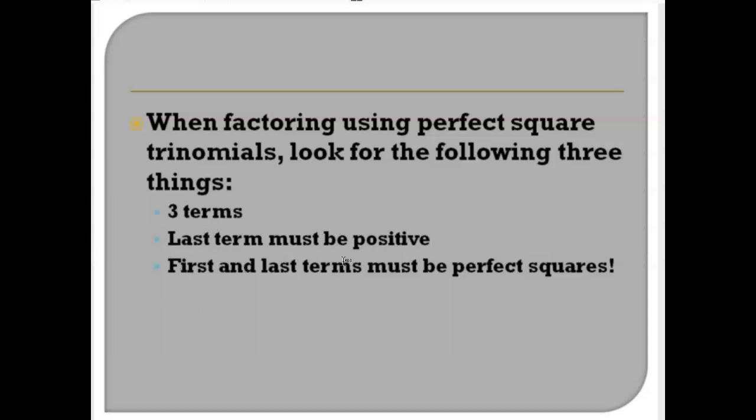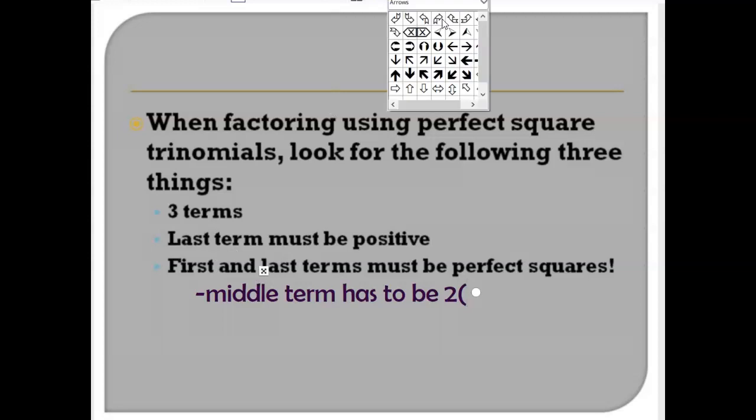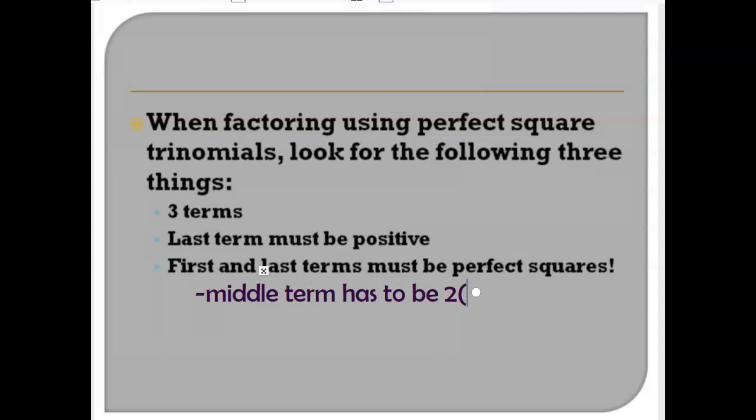And then if all 3 of those are true, we have a conditional that says the middle term has to be 2 times the square root of a squared and b squared.